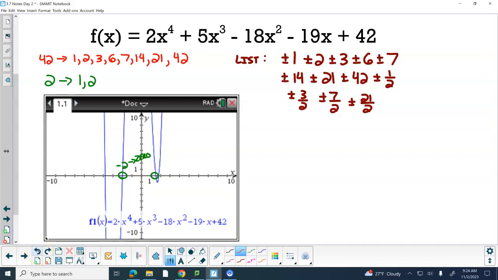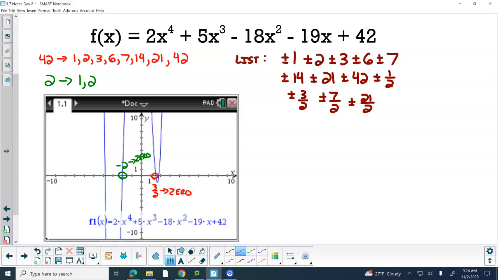It said that this is 3/2 and that is a 0. Do those show up on my list? Yeah, okay.